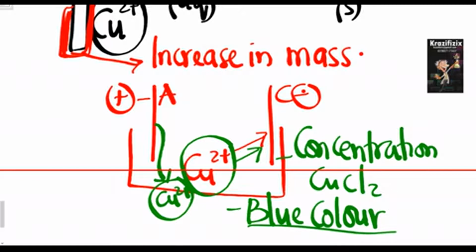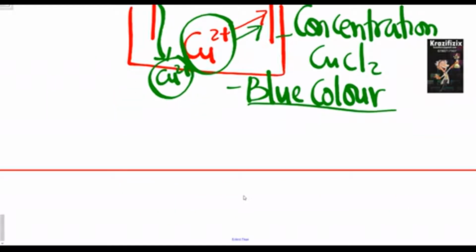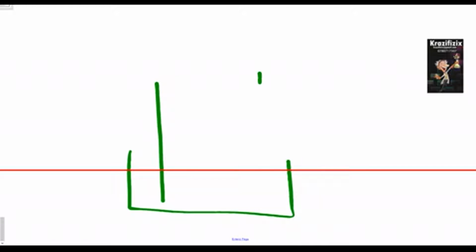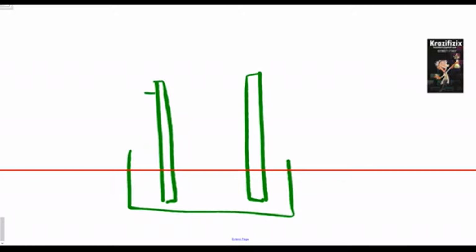What if we change the scenario? And I want us to carefully understand what will happen if we change the scenario. And what do I mean by changing the scenario? We have the same electrolyte, but now I want to change my electrodes and have graphite electrodes.